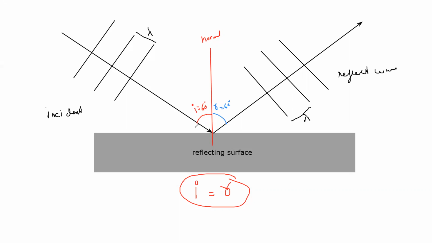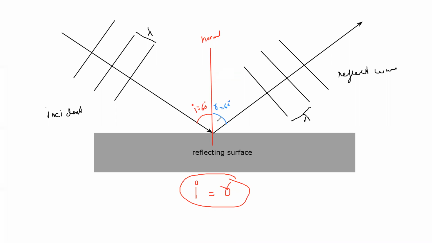Is it clear how you'll complete the figure to show a reflection of the wavefronts? The normal line will not be given to you. You have to draw the normal.